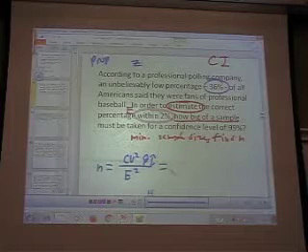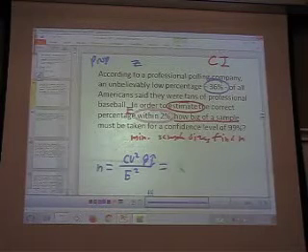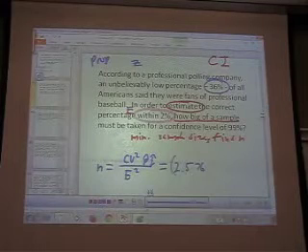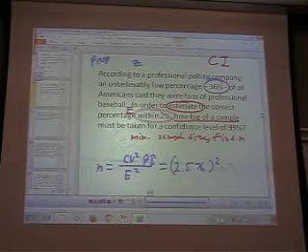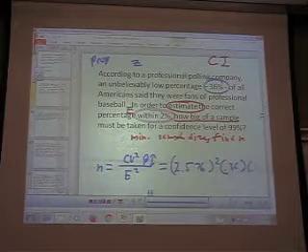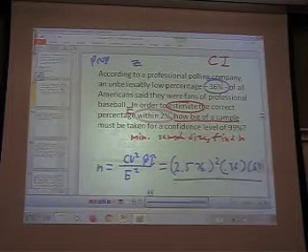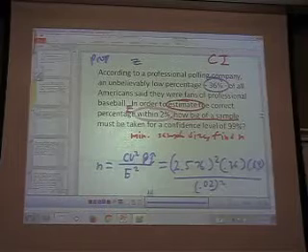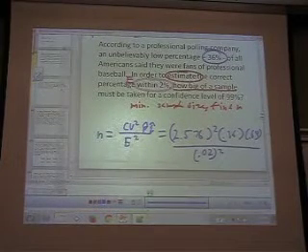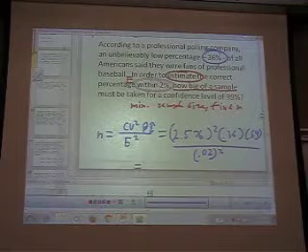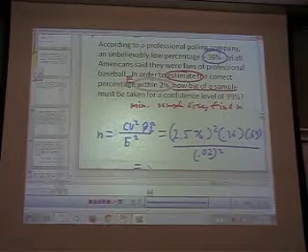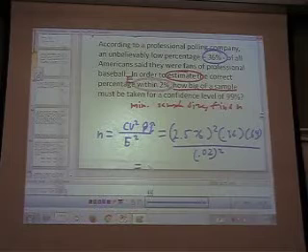So what's your critical value? 1.76 squared times 0.64 over 0.02 squared. So what do you guys get for your final answer? I got 38.3. Nope.